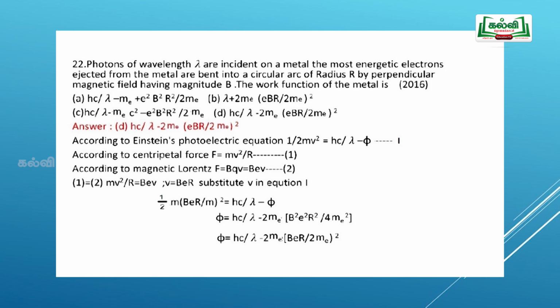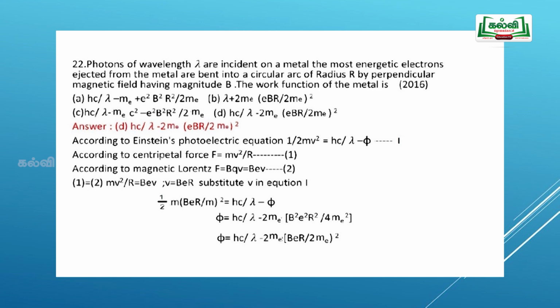Option B, lambda plus 2 m e bracket e B r divided by 2 m e the whole square. Option C, hc by lambda minus m e c square minus e square B square r square by 2 m e. Option D, hc by lambda minus 2 m e bracket e B r by 2 m e the whole square. The option D is the correct option.